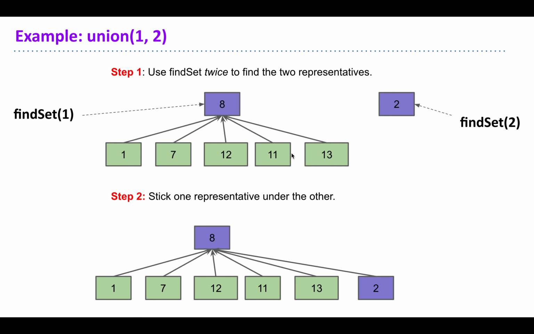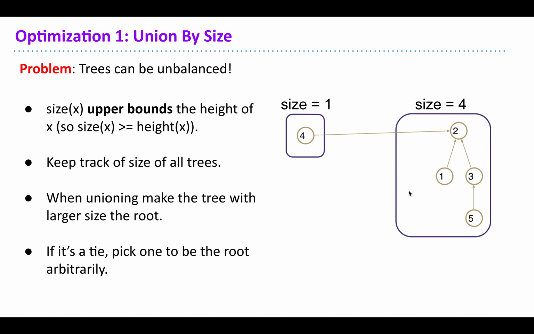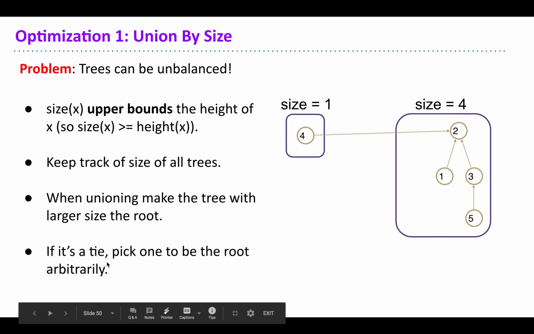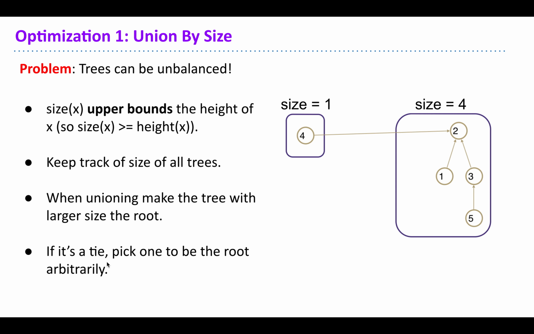It makes sense: if you have more elements in the set, it's more likely you have a taller height. So we should always point the smaller one at the larger one to avoid increasing the height. And if there's a tie, just pick one to be the root arbitrarily. If there's a tie, the height is going to have to grow, but that's okay.